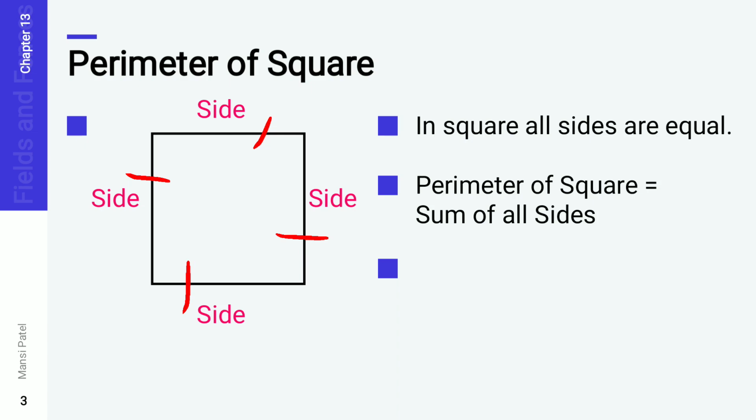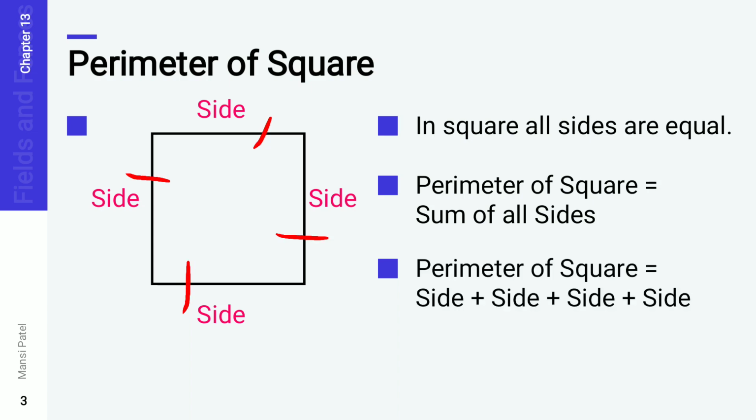There are 4 sides of a square. And what is the formula to find the perimeter of a square? If you want to find the perimeter of a square, you have to add all the sides. So we have to add the side how many times? 4 times. 1, 2, 3 and 4.